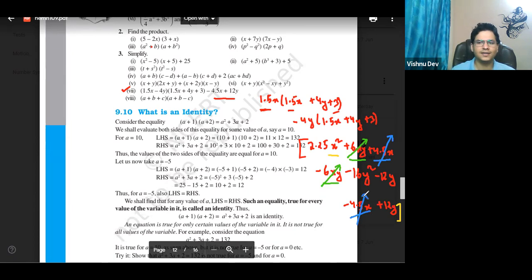Will get cancelled? Yes, sir. And what about minus 12y and plus 12y? Will get cancelled. So what are we left with? 2.25 x square minus 16 y square. Correct.